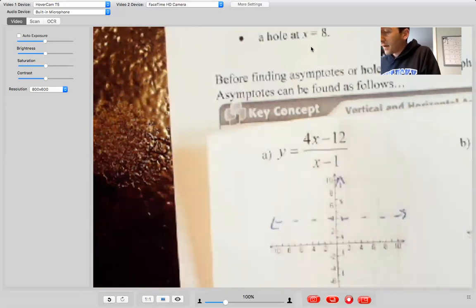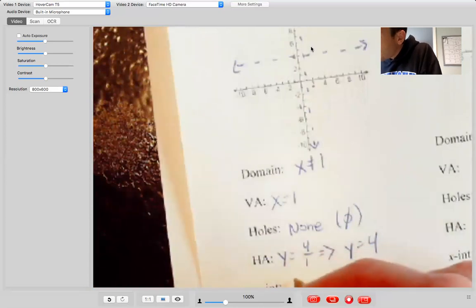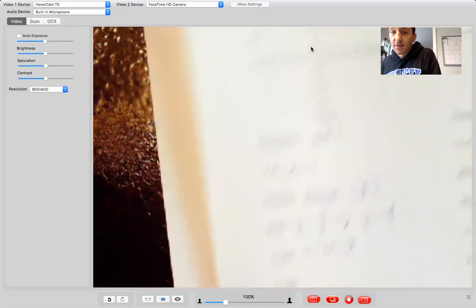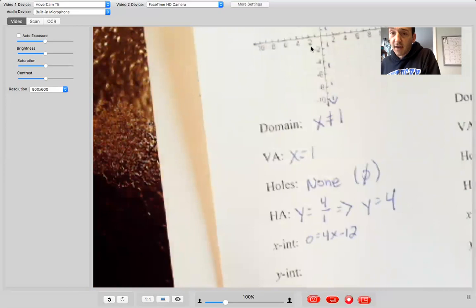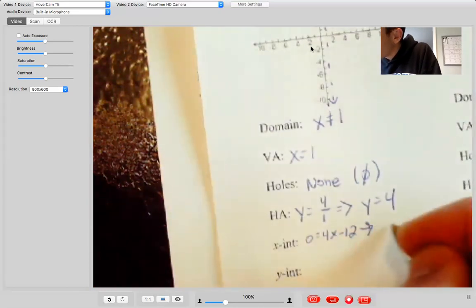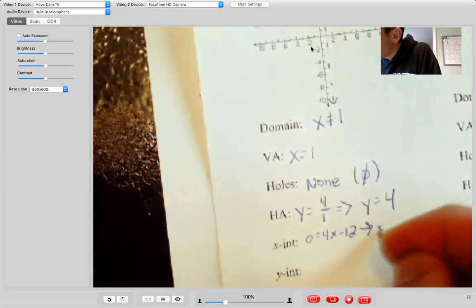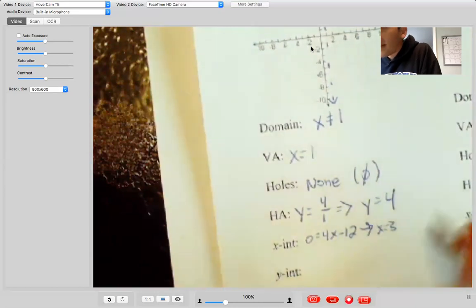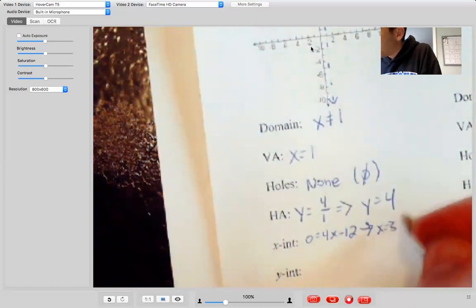So for this part, I'm just solving the equation. 0 equals 4x minus 12. Move the minus 12 over, we get 4x equals 12. Divide by 4, and then we get x equals 3. And remember, that's an x-intercept, so that would be the point 3 comma 0.